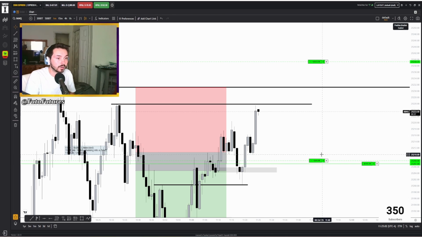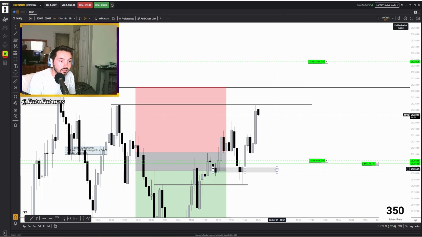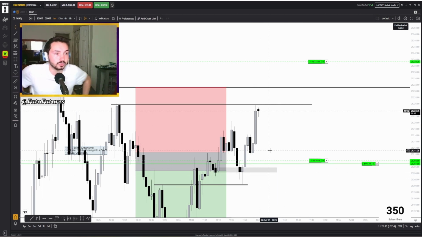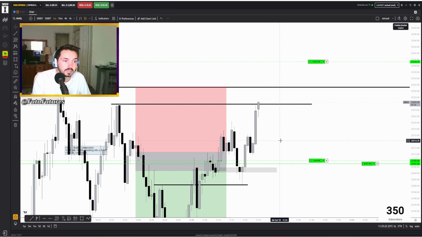This area up here, we're going to exit two contracts just so I make sure I break even for the day. But I'm hoping that this will just break straight through and then go up with a green candle. I don't foresee this hesitating, but we will see if this continues.